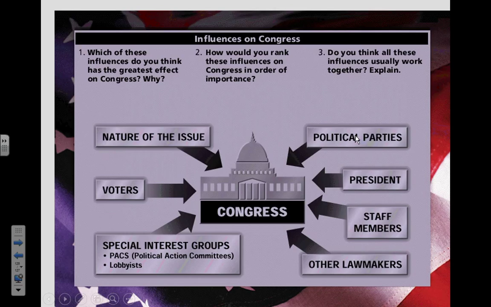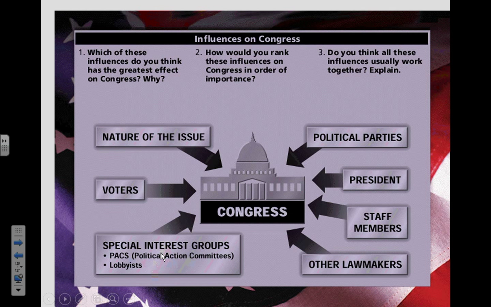Your political party may be putting pressure on you to vote a certain way. Parties like to vote together in a block. Other lawmakers, friends of yours, or people who share similar interests, we call those caucuses within Congress, may be putting pressure. The interest groups, you know, the NRA or the AARP or other interest groups that have either helped you in your campaign or are important in your district.